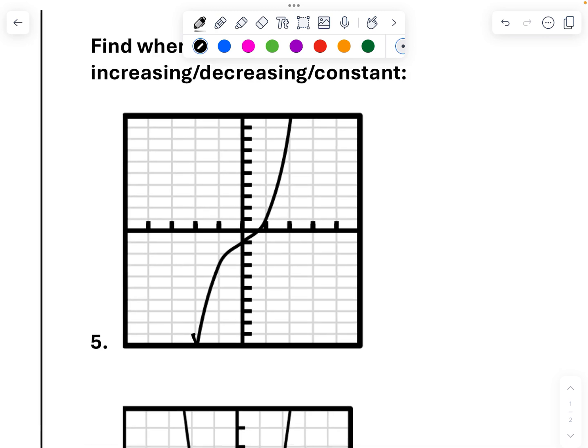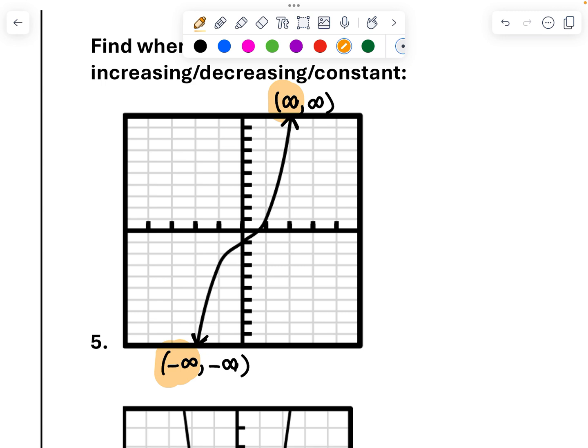All right, now we're going to do increasing and decreasing. This arrowhead goes forever left, and this arrowhead goes forever down. This arrowhead goes forever to the right, and this arrowhead goes forever up. I want to focus only on the values of x, and this graph doesn't change direction ever.